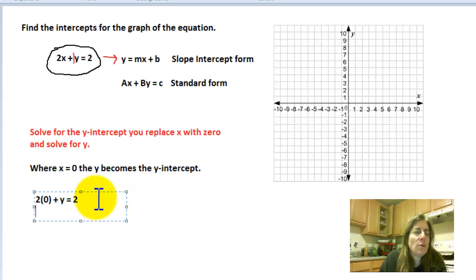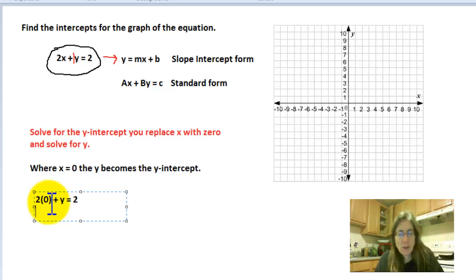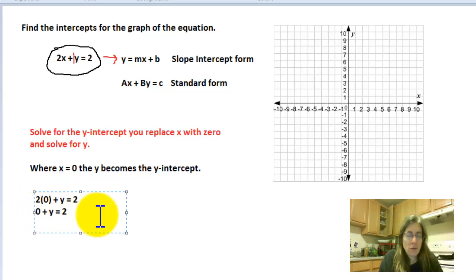When you multiply 2 times 0, you get 0, and then plus y equals 2. And of course, 0 plus y is just y, so y equals 2. And this is the y-intercept.